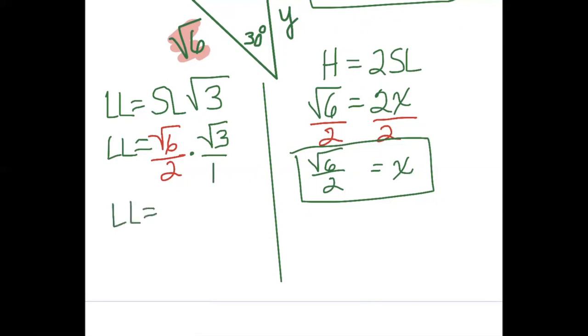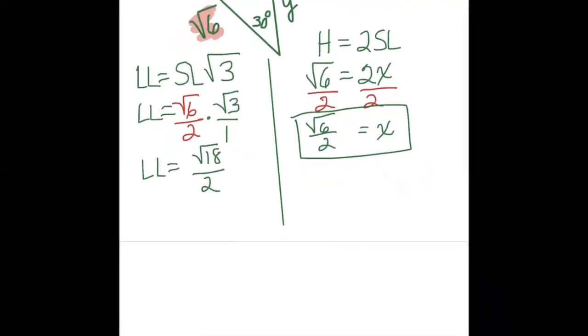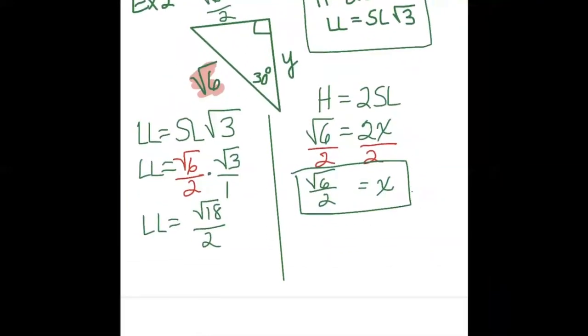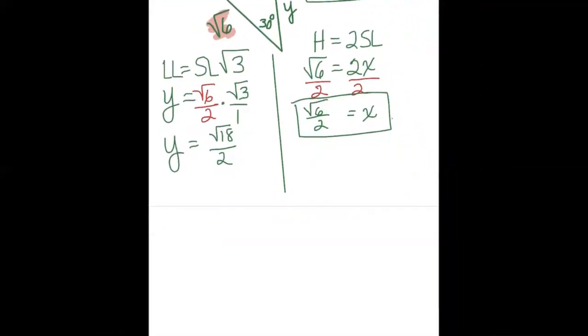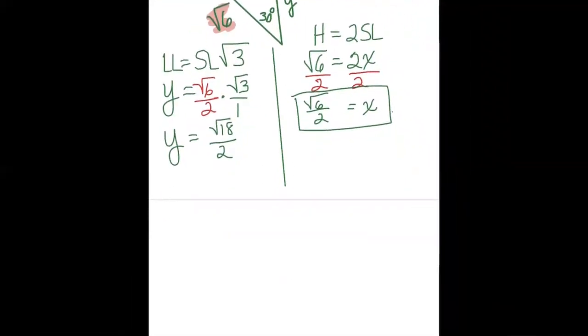Okay, in the numerator, I get the square root of 18. And the denominator, I get 2. So you may say to yourself, hey, self, I'm done. Oh, I forgot to substitute in L. Sorry, this is Y. Okay, you might think you're done, but I'm actually looking a little bit harder.